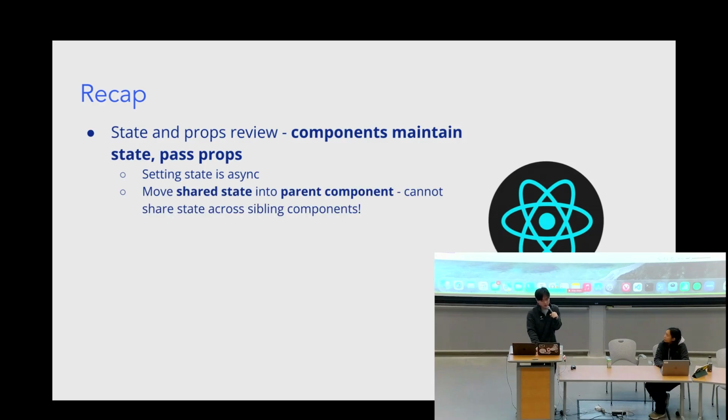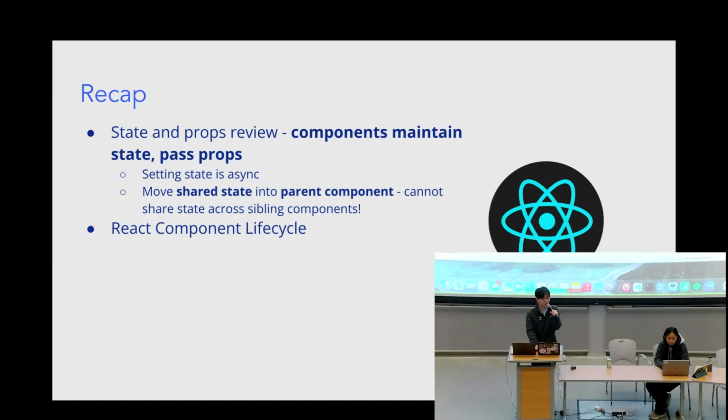So move the shared states of whatever is going on to parent components. So if you have two child components that both need the same state, it's better to move it to your parent component because you cannot share states across siblings.